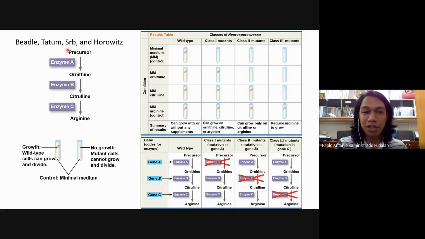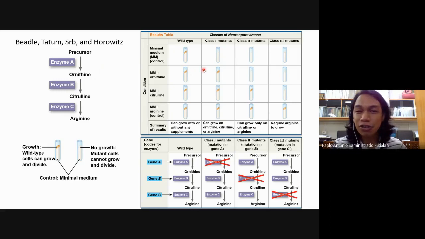They turn a precursor, the raw material, enzyme A turns it into ornithine, and then enzyme B turns ornithine into citrulline, and then enzyme C turns citrulline into arginine. With the absence of any of these, your Neurospora crassa might not survive.